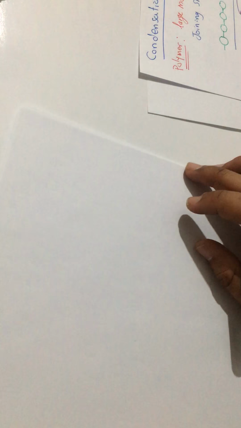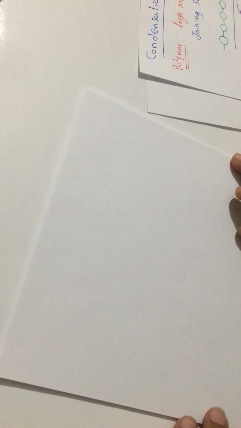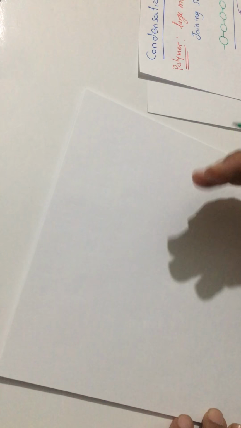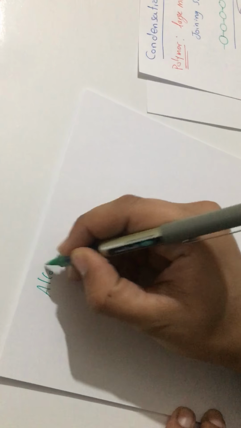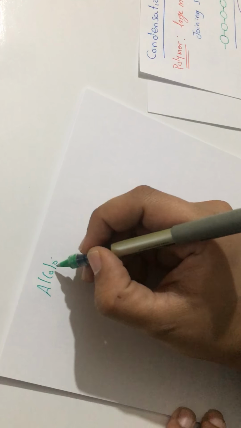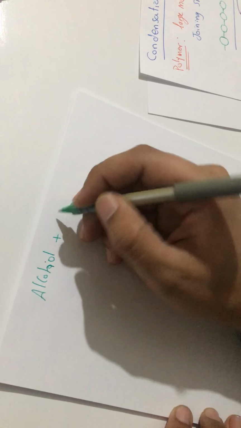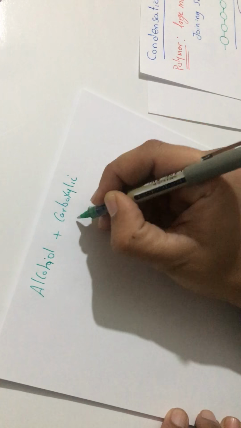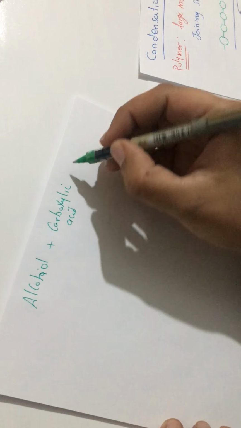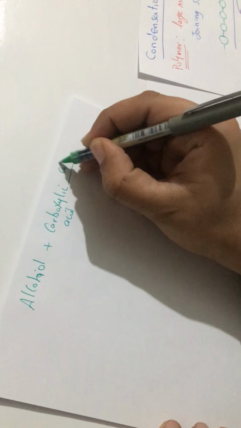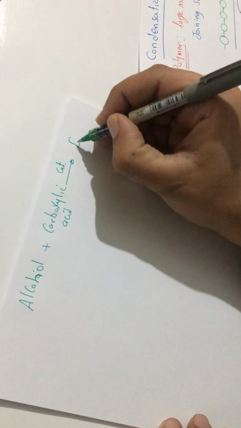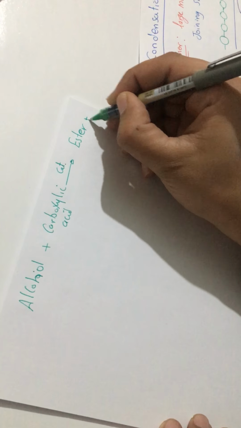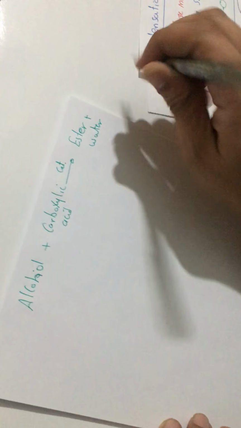Can you tell me how the esters are formed? Yes, if we revise the video from the beginning, we said that we have alcohol and carboxylic acid. When we add a catalyst, we can get ester and water.